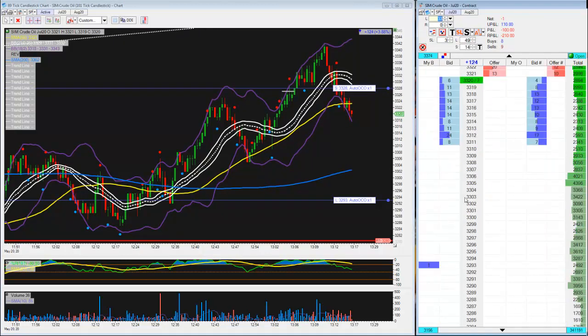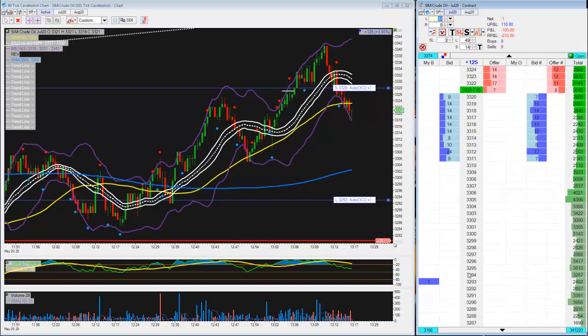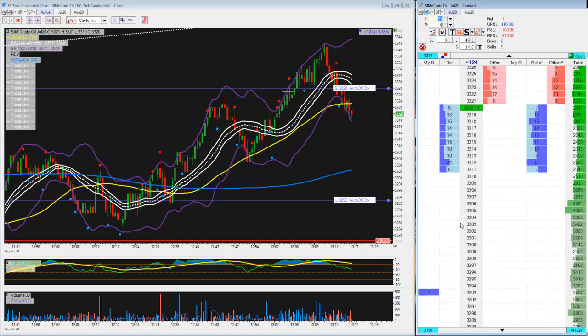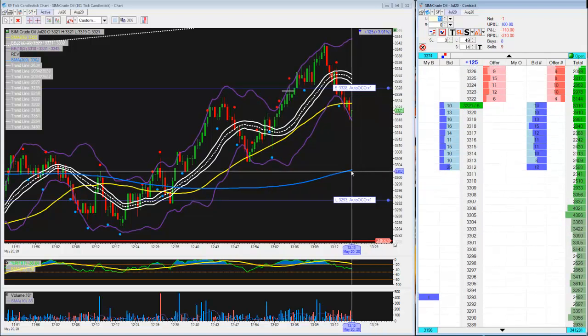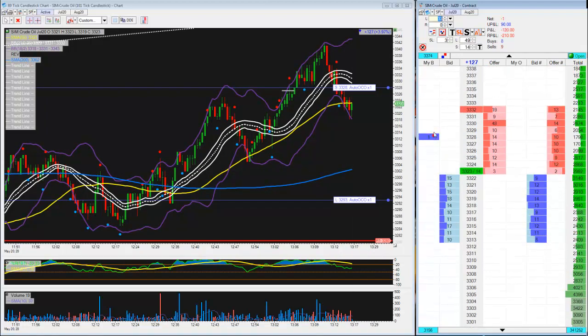That's our target. Let's see what happens around the 200 bar if we can get there. We'll just hold 3.